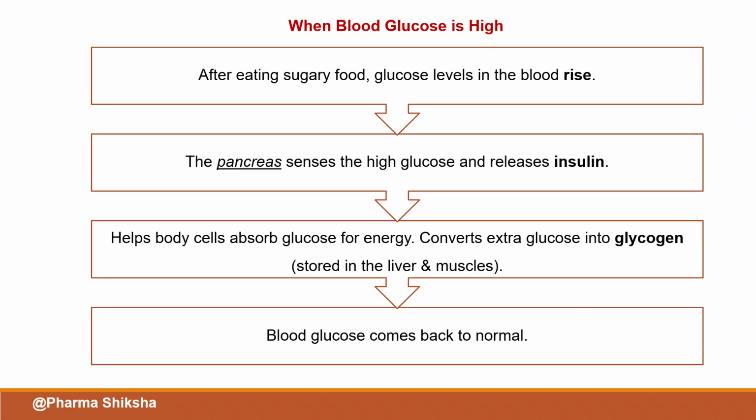Once the release of insulin starts, the body cells absorb the glucose for energy and the extra glucose is converted into glycogen. It will be stored in the liver and muscle. Like that, the blood glucose level comes back to normal.